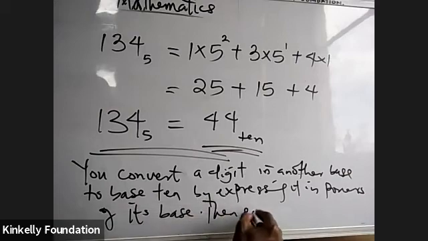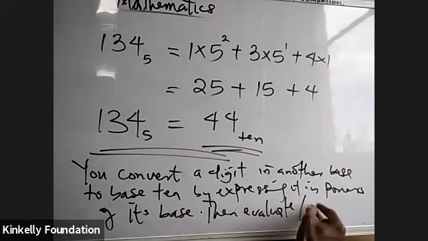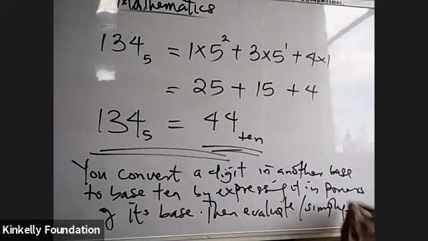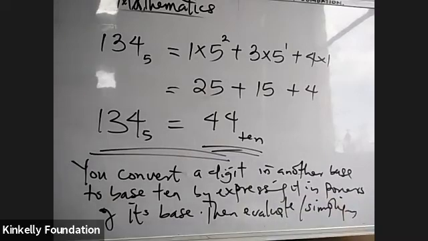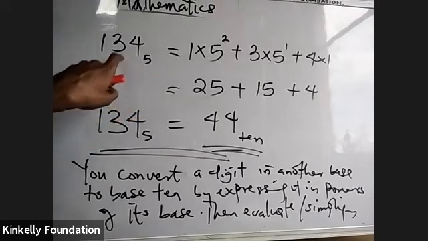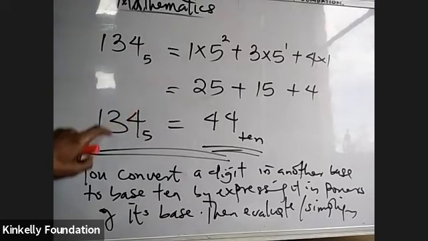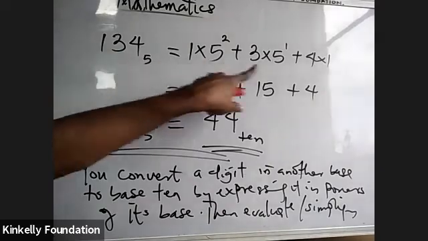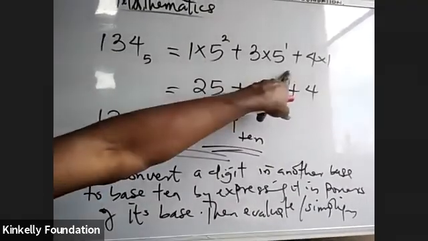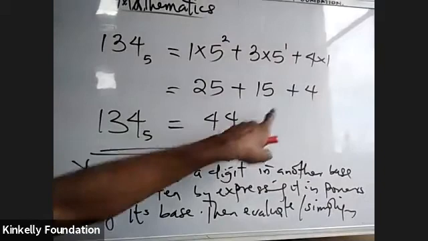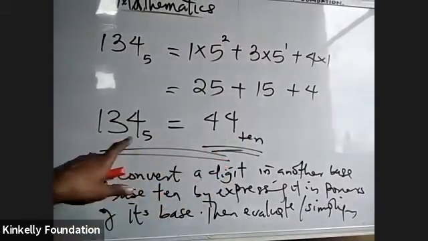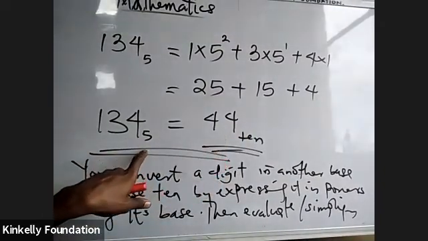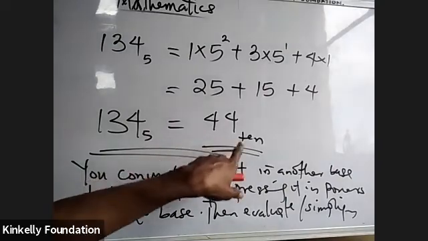Then evaluate or simplify it. You have 134 base 5. When you express it in powers of its base, you have this. Then simplifying it, you have this. Which means that 134 base 5 is the same as 44 base 10.